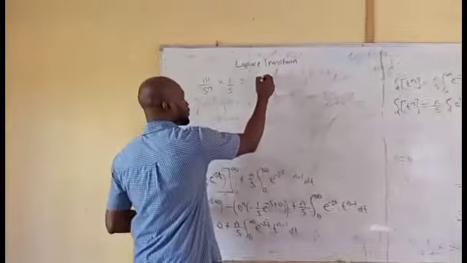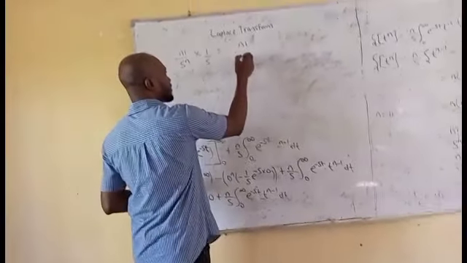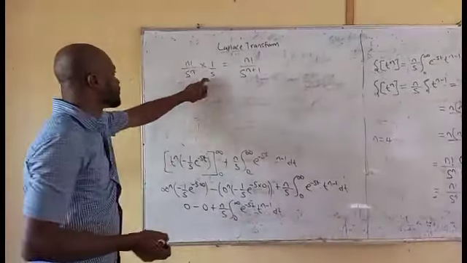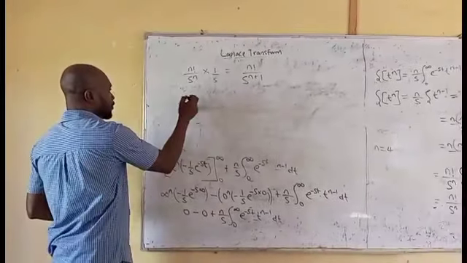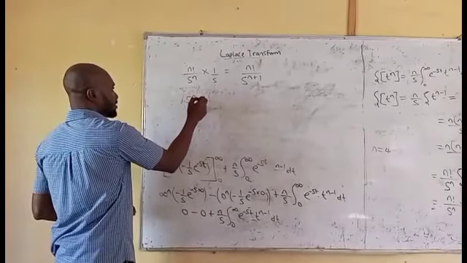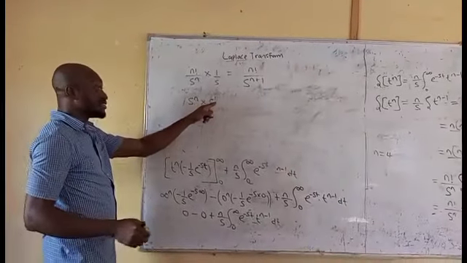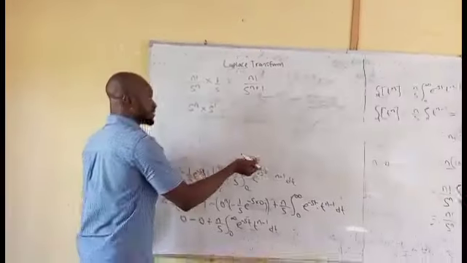So finally, you are going to have your n factorial all over s to the power of n plus what? 1, from your indices. If you have s raised to the power of n times s raised to the power of 1, because your s is the same thing as s raised to the power of 1, this and this, they are the same.